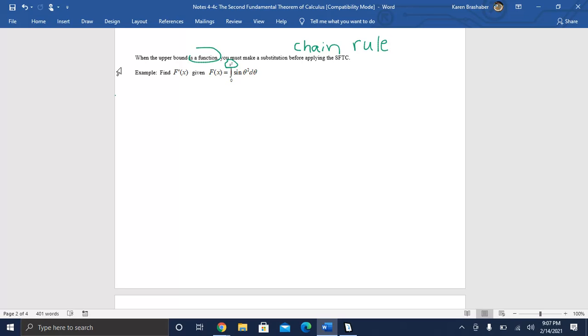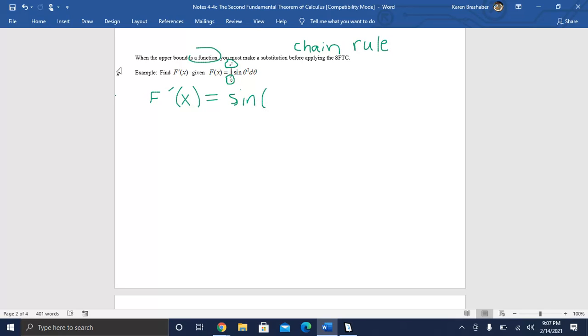So applying the second fundamental theorem of calculus, f prime of x should equal, since we have a number as our lower limit and a variable as our upper limit, we should just be able to substitute in. So we'll have the sine of, now in place of theta, I'll put my x squared.